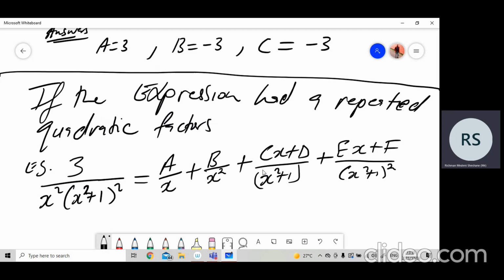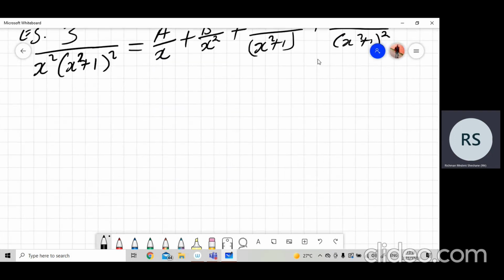I wouldn't ask you to solve such a complicated one with so many constants, 6 constants. But it's very important to know how to write the form of partial fractions. It will help you when you do the examples.